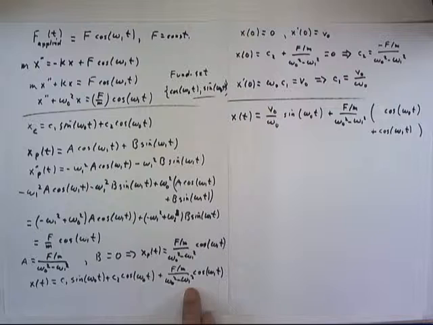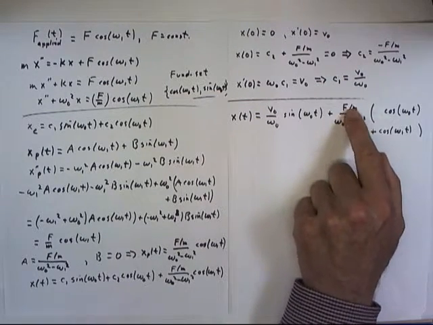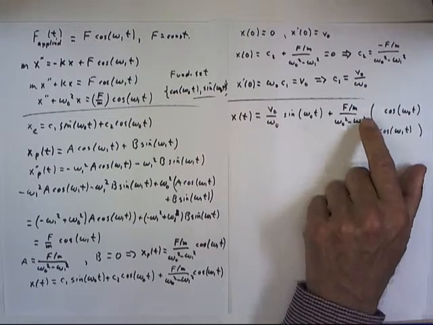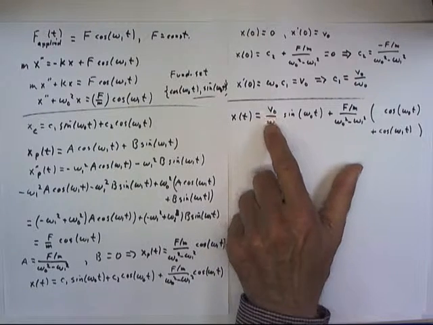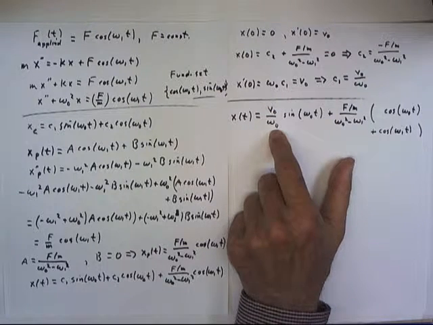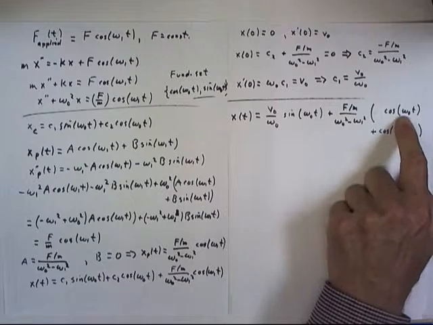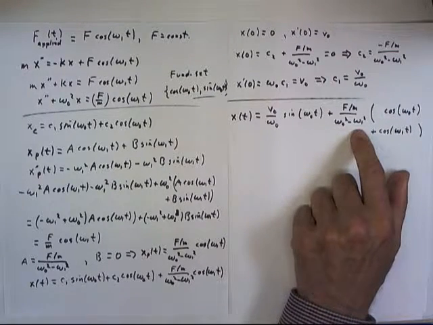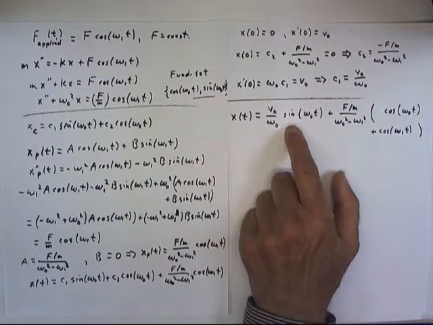Omega naught being close to omega 1 has the same effect on the coefficient of the cosine of omega 1 t, so that when omega naught and omega 1 are close, this term becomes very large, and this term, having the magnitude V naught over omega naught, maximum magnitude V naught over omega naught, remains the same no matter how close omega 1 is to omega naught. So that as omega 1 gets close to omega naught, this term becomes much larger while this term isn't affected.